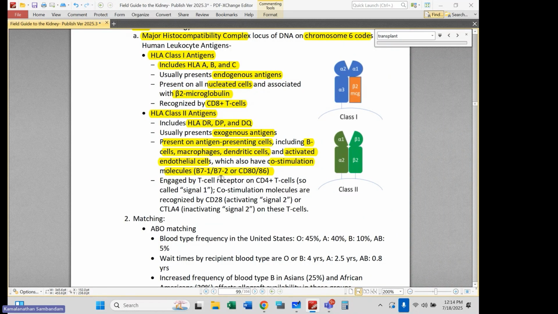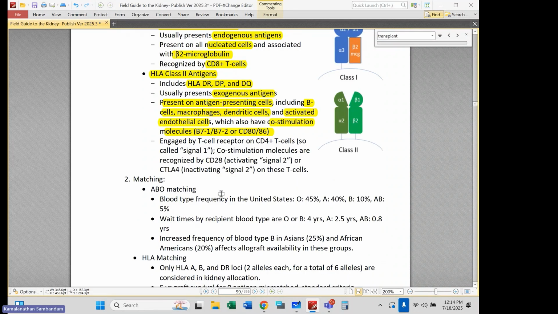Okay, co-stimulation is an important step in that immune recognition, and is something that we modify, right? We give belatacept to block this decision to say, okay, react. Okay.